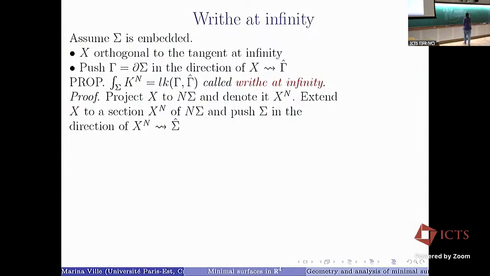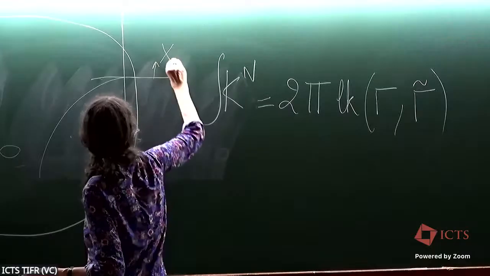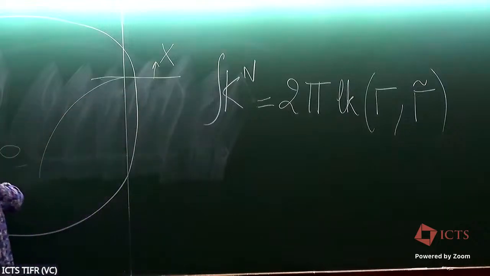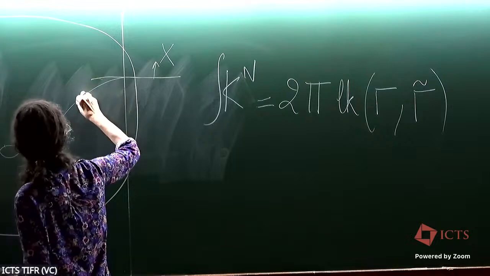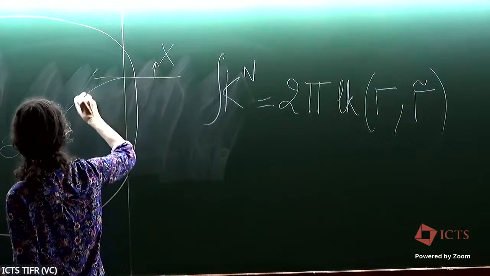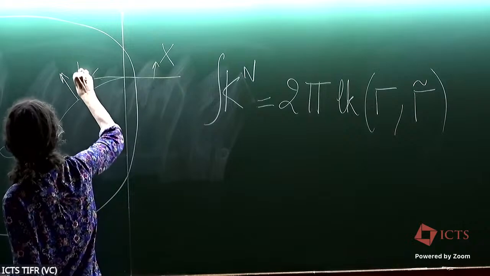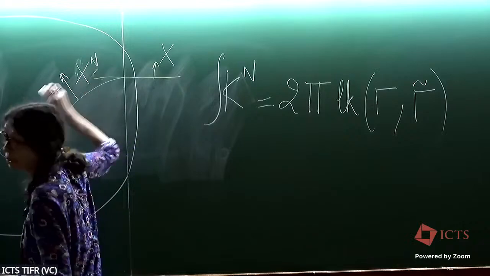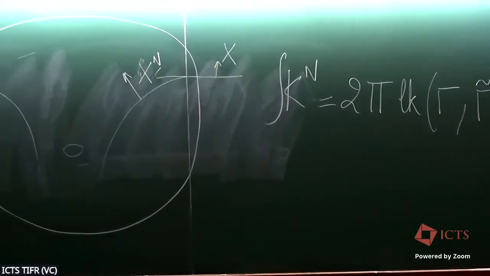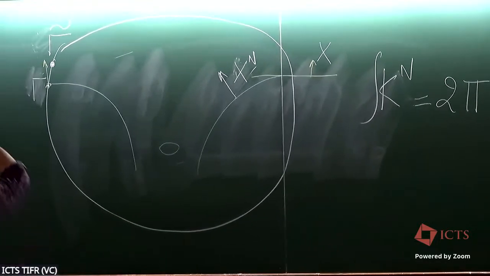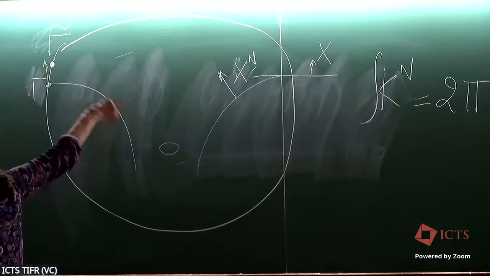So here I have my normal vector x, and I extend it so it's normal at infinity. I extend it to a vector which is normal to the surface, and then I say, okay, I want to compute the total curvature, which is just like the amount of normal curvature inside the ball.